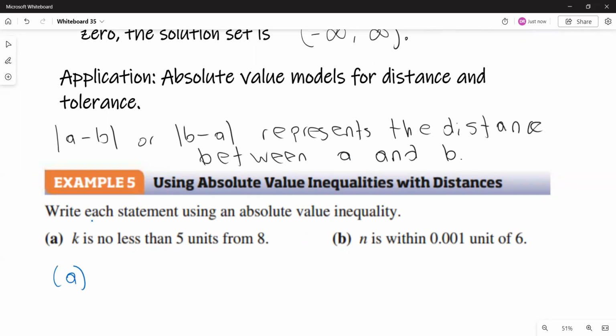From the context, we are considering the distance between K and 8. So it can be the absolute value of K minus 8 or the absolute value of 8 minus K. And no less than 5 units means equal or more, so that's going to be greater than or equal to 5.